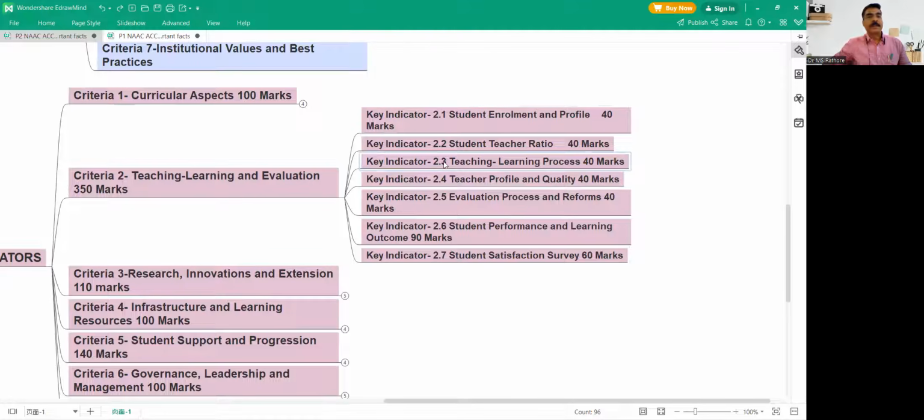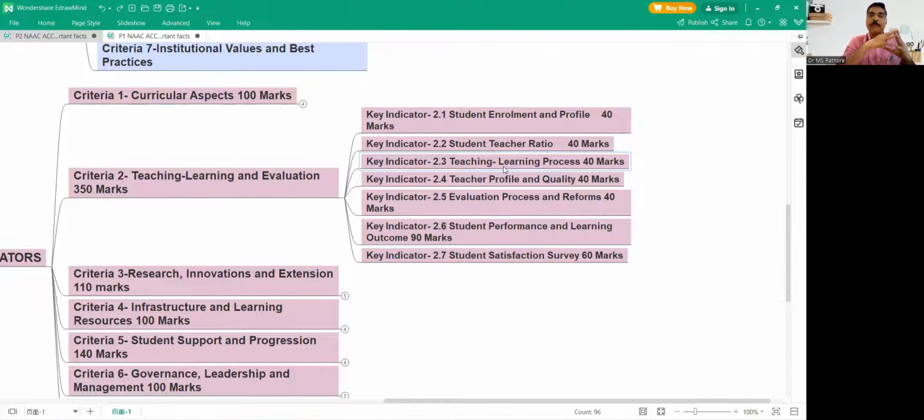Then key indicator 2.3 is the teaching learning process, which comprises 40 marks, and it is about how the teachers are delivering the content. Then key indicator 2.4 is the teacher profile and quality. So what is the profile of the teachers? How many of them are PhD, how many of them have done different qualifications, and how many of them are UG or PG, according to the norms which are prescribed.